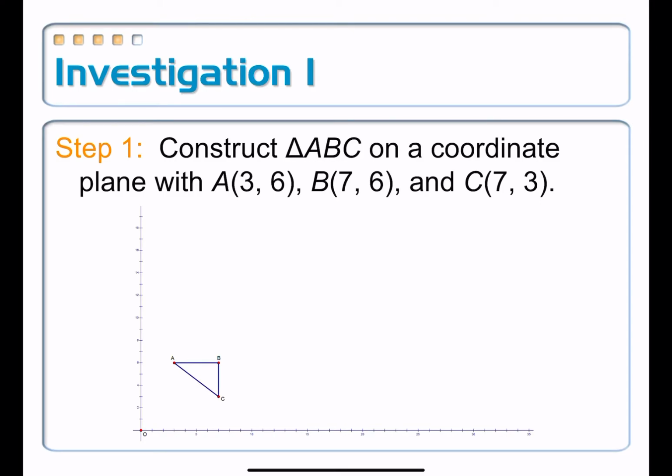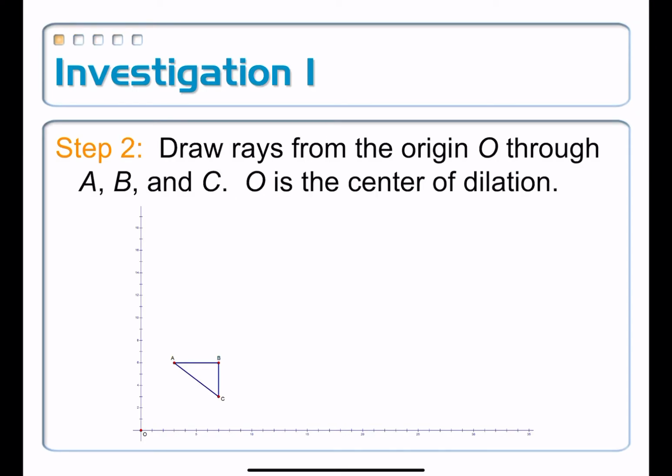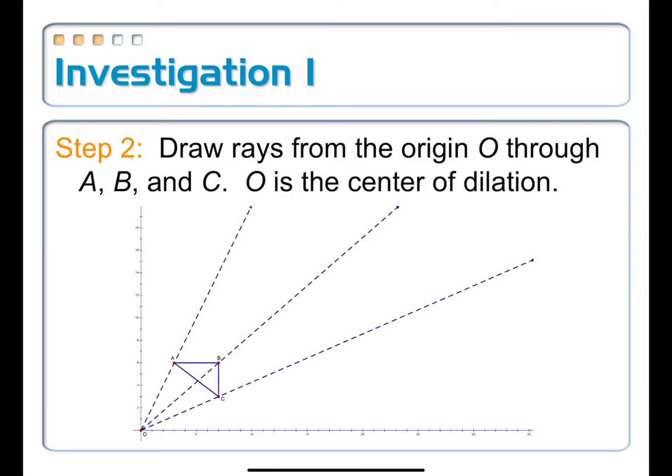So that's going to be step 2. So draw rays using your straight edge from point O to each of the vertices A, B, and C of your triangle. I tend to make them dashed because I think it looks a little cooler. Also, it's not part of the actual drawing, so it's a little easier to distinguish the dashed rays from the actual sides of our triangle here.